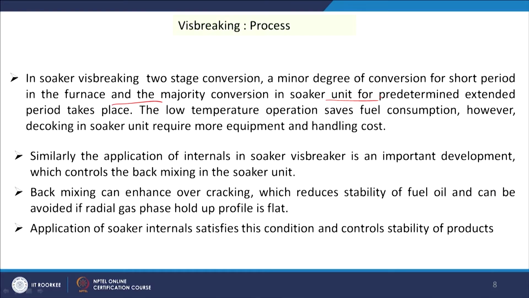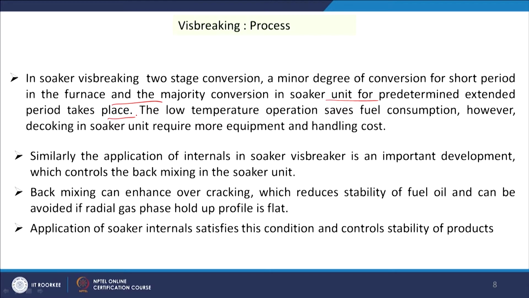In the soaker mode of Visbreaking, we get two-stage conversion: a minor degree of conversion in a short period in the furnace, and the majority of conversion takes place in the soaker unit for a predetermined extended period of 20 to 30 minutes.